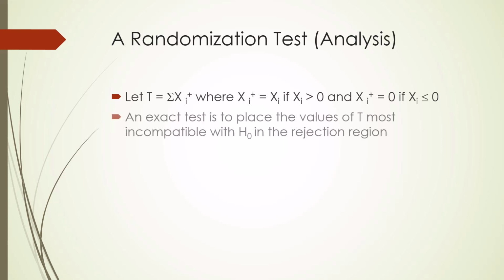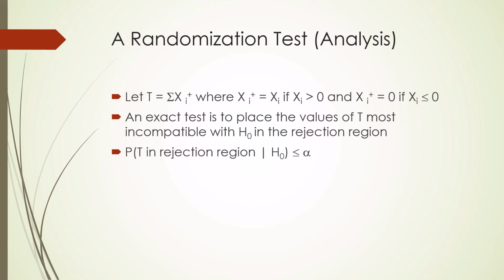An exact test is to place the values of T most incompatible with the null hypothesis in the rejection region. And we're going to establish our rejection region and our critical value such that the probability that T will end up in the rejection region, conditioned on the null hypothesis being true, is less than or equal to alpha, our maximum tolerance for a type 1 error.